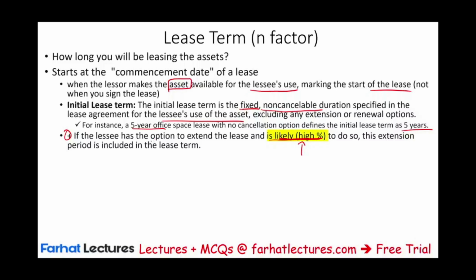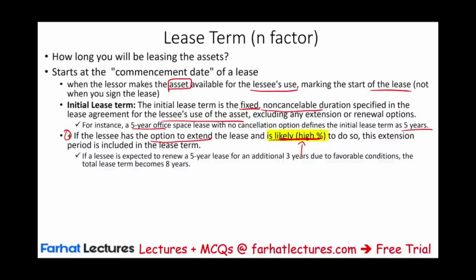So if the lessee has the option to extend the lease and is likely to do so, this extension period is included in the lease term. For example, if a lessee is expected to renew a 5-year lease for an additional 3 years due to favorable conditions, the total lease term becomes 8. So you have to look at the contract and read it carefully.